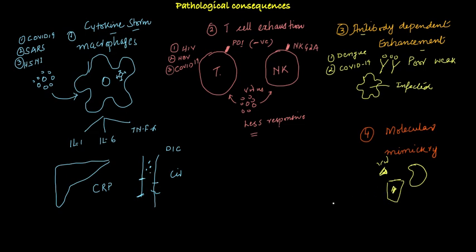One example is Coxsackie virus induced myocarditis. So these are the pathological consequences of the immune response generated against the viruses. And that's all. Thank you for watching this video.